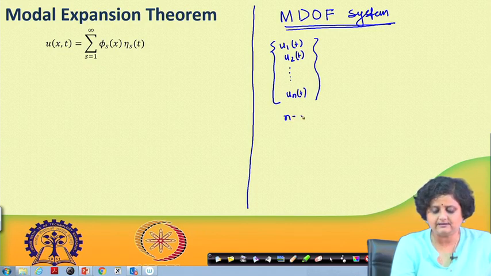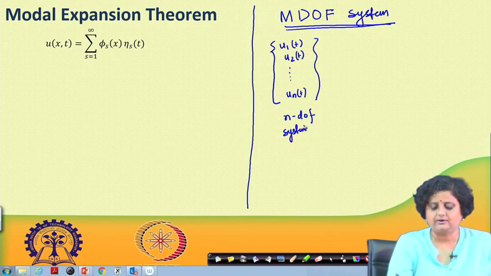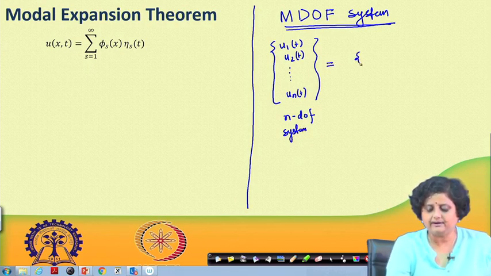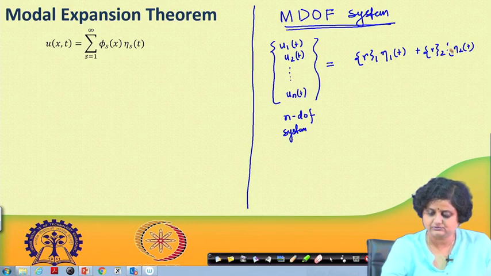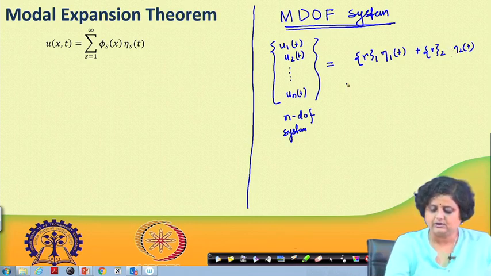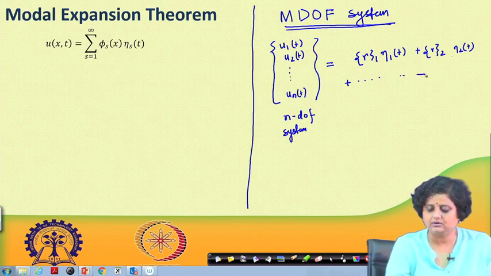So, it is an n degree of freedom system, right, and that actually could be written as mode shape 1 into eta 1 t plus mode shape 2 into eta 2 t and so on, plus the nth mode shape R n into eta n t.